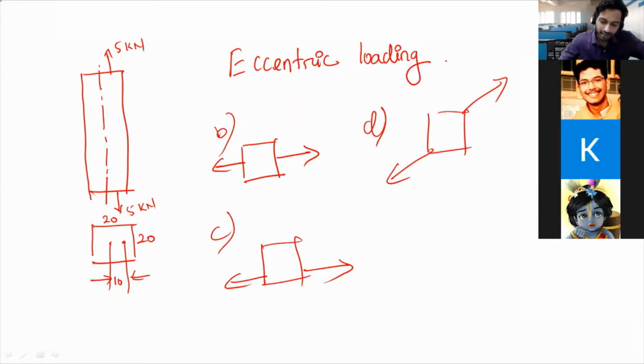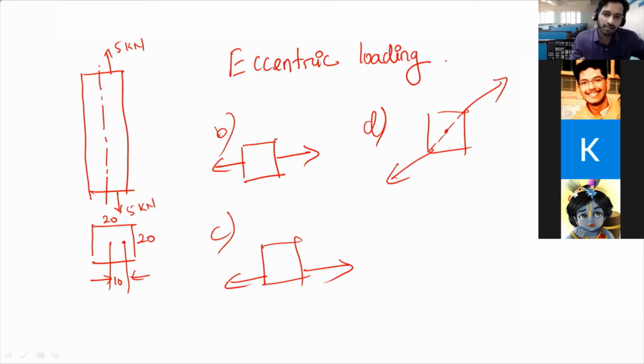Exactly. So you should consider the line of action. That is the point. If you extend the line of action, again it will be passing through the centroid. So if our force has its line of action passing through the centroid, then it is not eccentric loading.